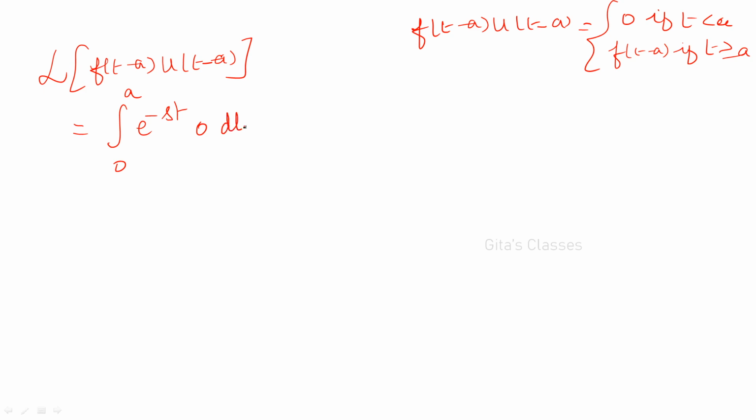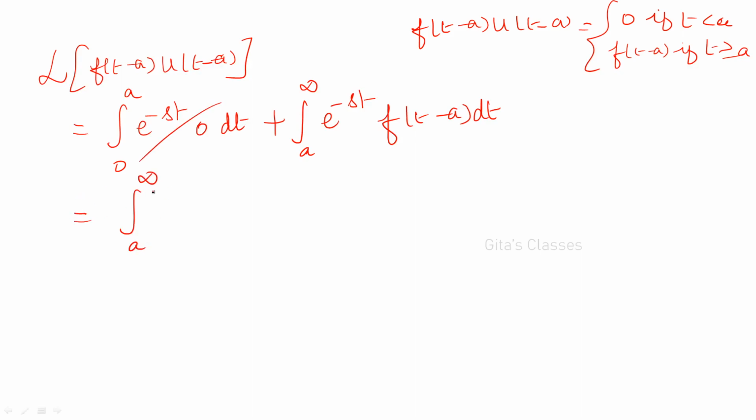So 0 into dt plus integral a to infinity. Here it is defined as f of t minus a into dt, right? So this will become 0. Therefore it is integral a to infinity e power minus st f of t minus a dt.